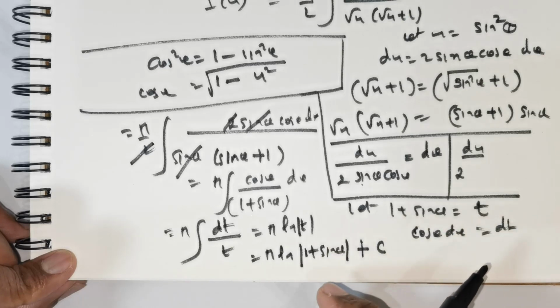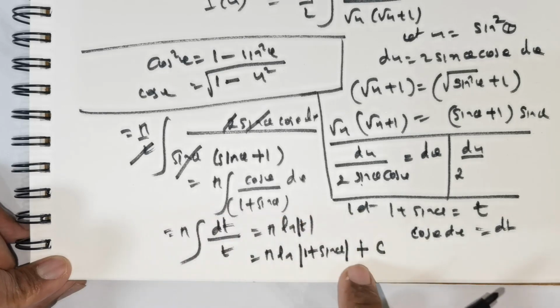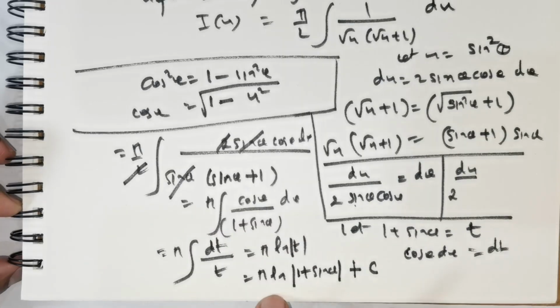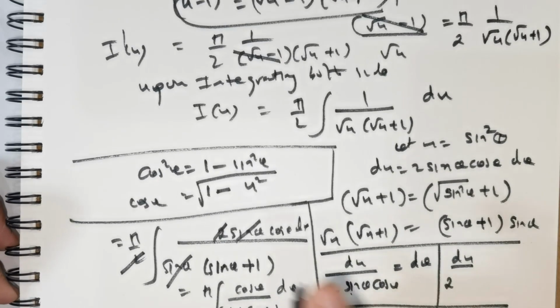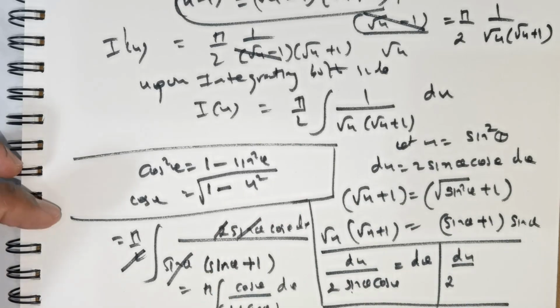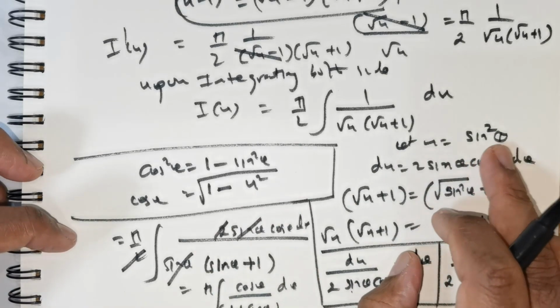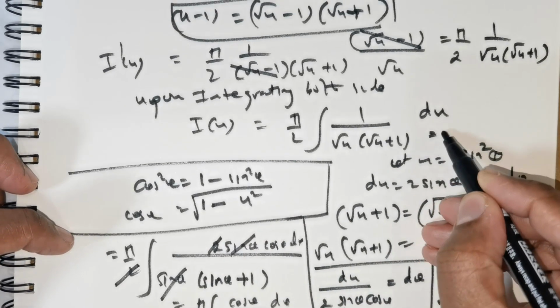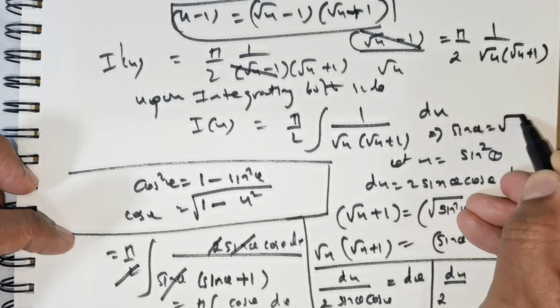Now I want to retrace it back. I want to go back, right? This is fine, but I want to get the original function in the variable u. That is imperative. So from here I need to replace sine theta. Sine theta is nothing but root of u.